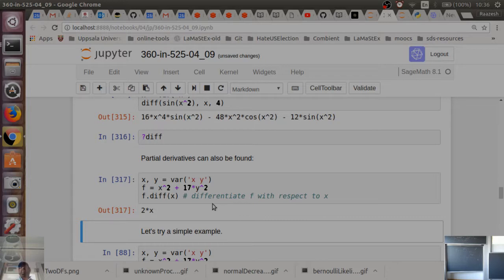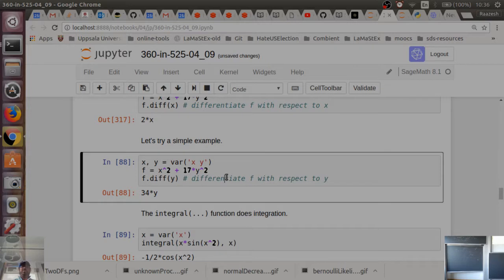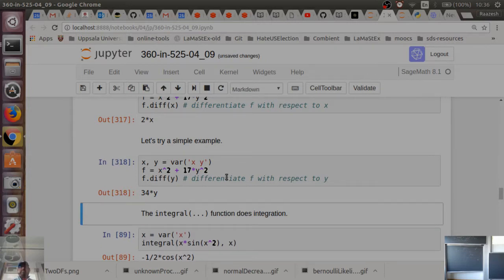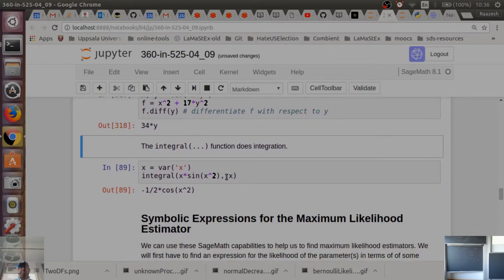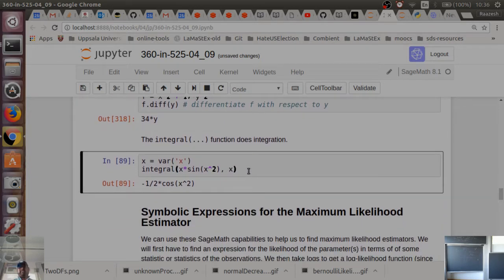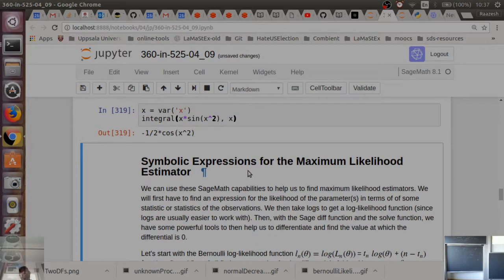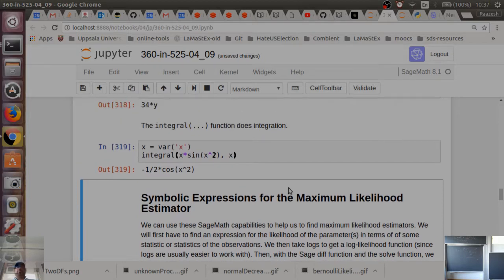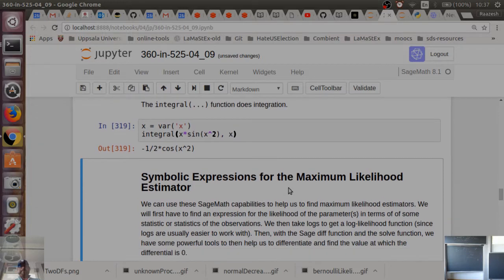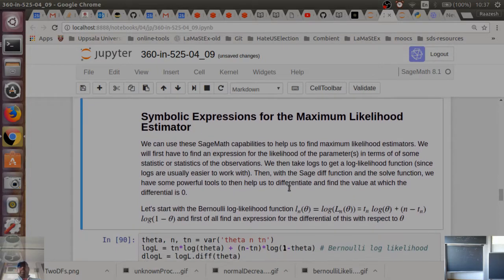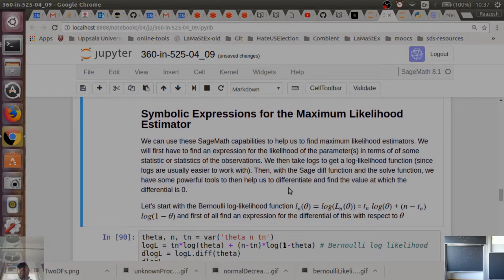So I'm only looking at the x side. You can do the same for y. So here's differentiating with respect to y. These expressions can be fairly complicated, but if it's too complicated, then you get a big mess back. Okay, you can also do integrals. So this is indefinite integrals. Okay, so that's a bit of symbolic expressions for calculus.